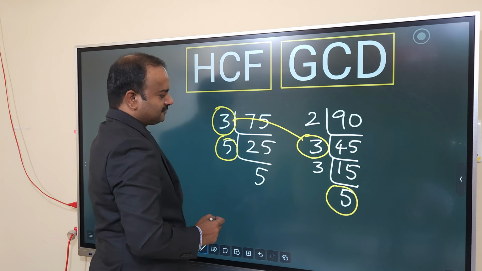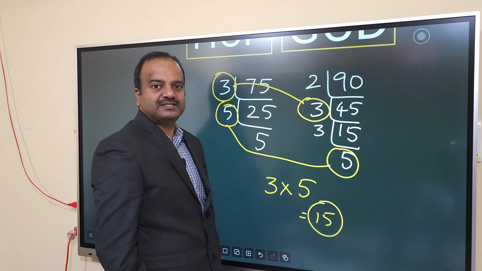Just multiply the common factors, which is 3 into 5, and that's equal to 15. So 15 is the GCD of 75 and 90. 15 is the greatest number that divides both the numbers. You can see here 15 fives are 75, 15 sixes are 90, so 15 is the answer.